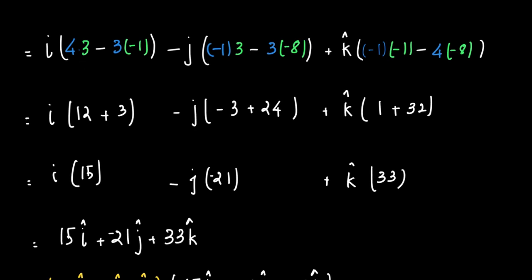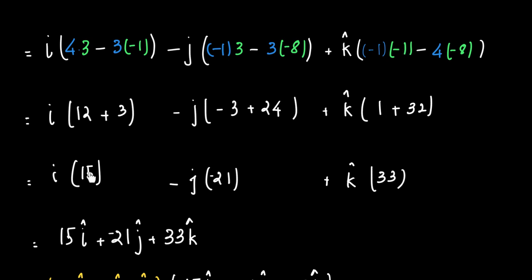So we have 4 times 3 is 12, minus 3 times -1 is -3, minus that is +3. Then minus 3 times -8 is -24, minus that is +24. Then 4 times -8 is -32, minus times minus becomes plus, so this is +32, and -1 times -1 is 1.